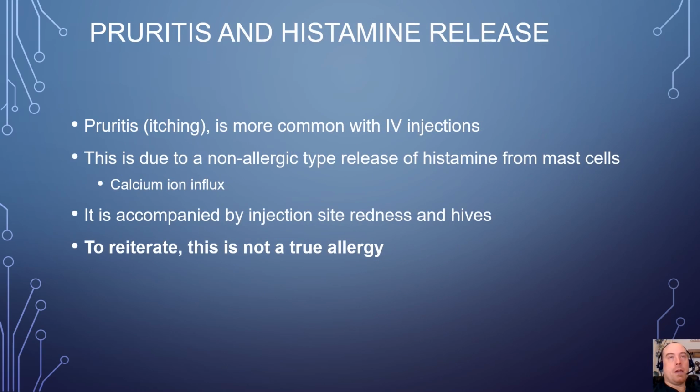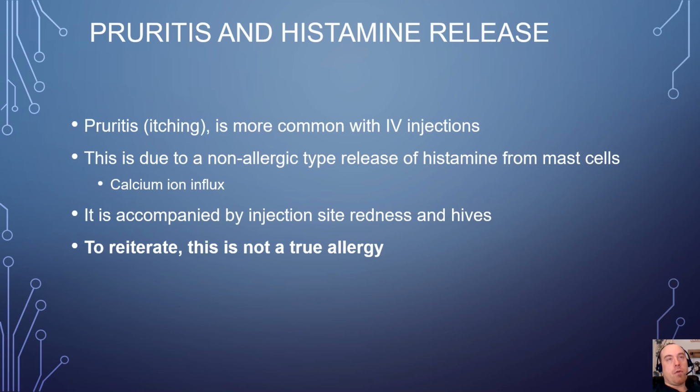Next is pruritus, which is itching and histamine release. So pruritus is typically more common with IV injections, and that's due to an actual non-allergic type of release of histamine from mast cells. So what I mean by that is if somebody says they got IV morphine and they got itchiness, so they tell you they're allergic to morphine, chances are that's not true.